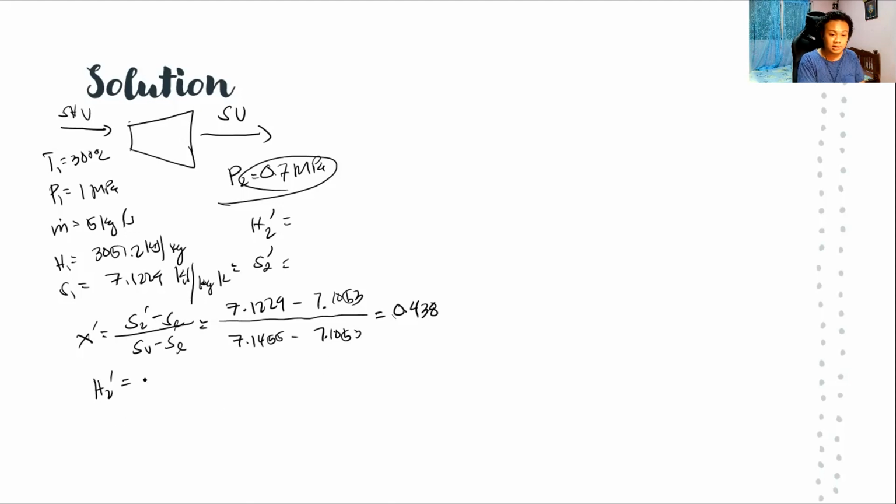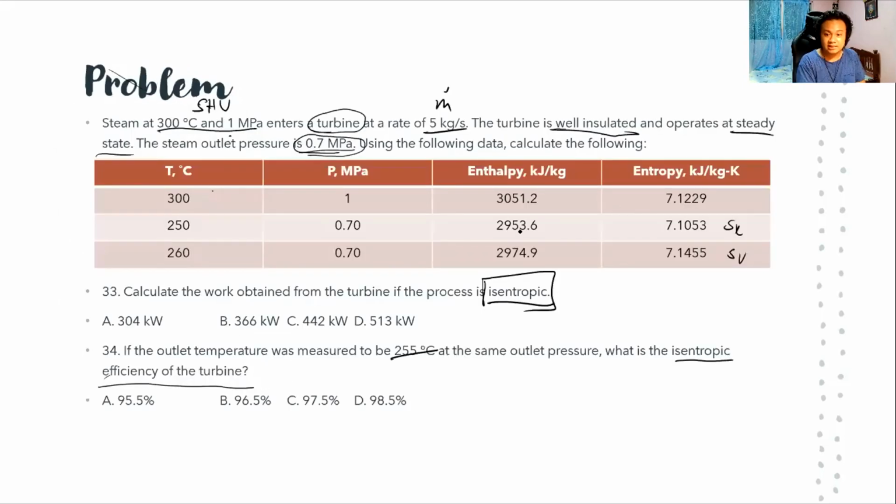So how do we do that? It's just HL plus X prime times HB minus HL. Again, this is HL, then this is HB, so the lower and then the higher.